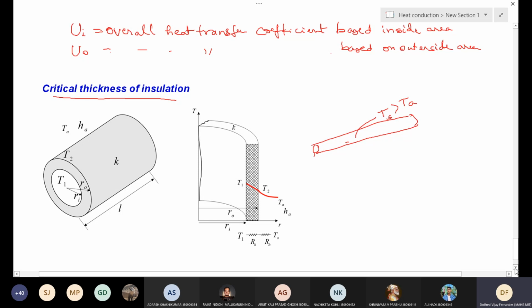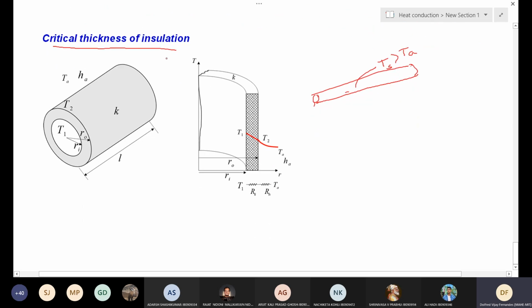So consider that the insulation is shown here, and the temperature inside is T1 and the outside temperature is T2. There is a fluid, air, and the heat transfer coefficient is hA. The radius of the insulation at the inside is Ri, and the outer radius is Ro.